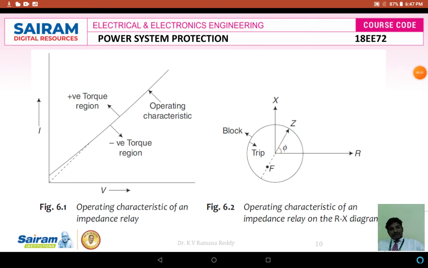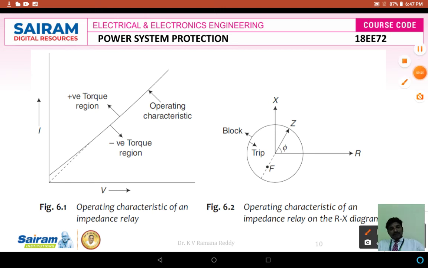The length of this arrow mark shows the magnitude of the impedance Z. Whenever the impedance value lies within this circle or operating region, the relay will function. Whenever the value of impedance Z lies outside this circle or the operating characteristics, the relay won't function.